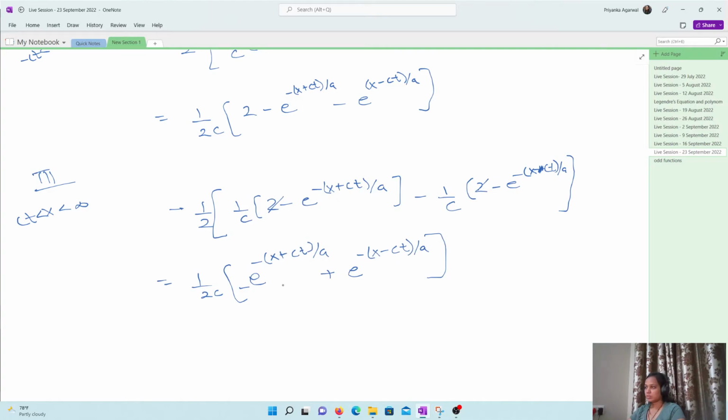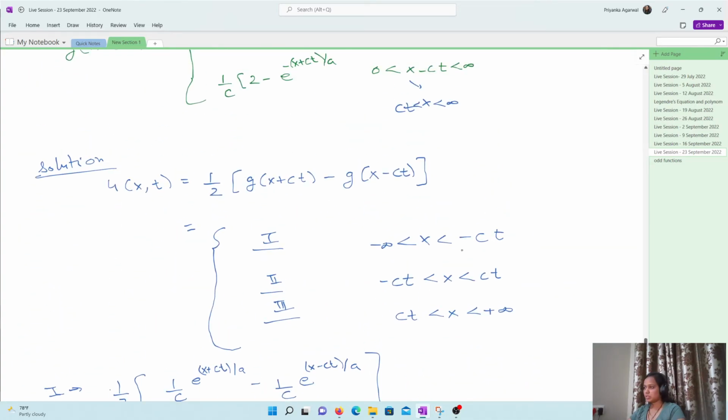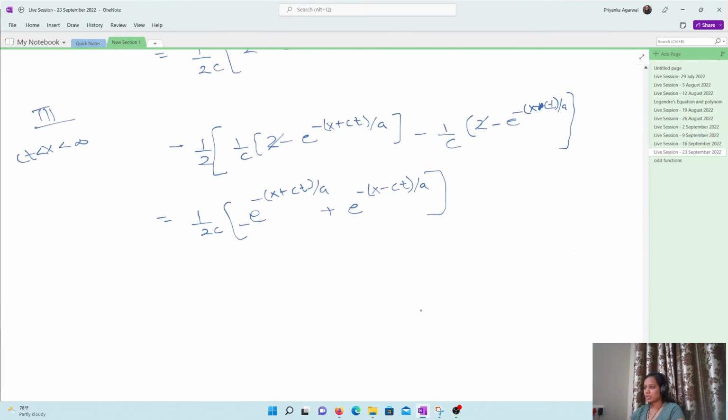Okay. So we have written these 1, 2, 3 for all these conditions, and if we just take c equals to 1 in this case, we get the actual solution.